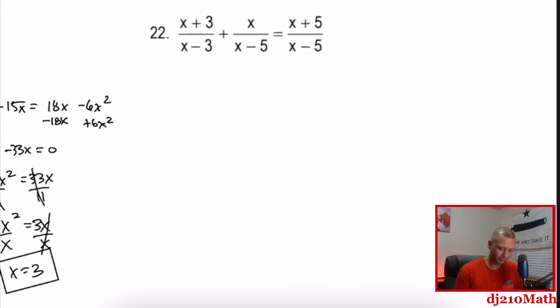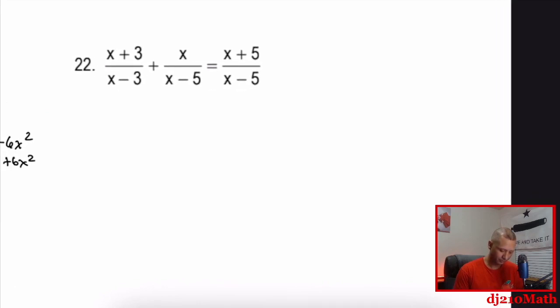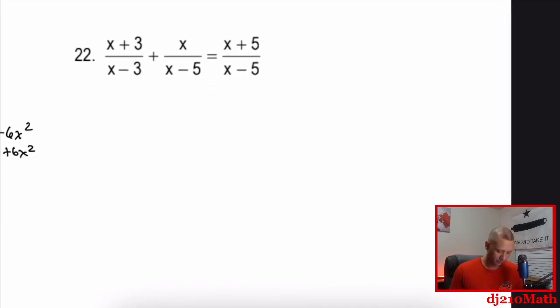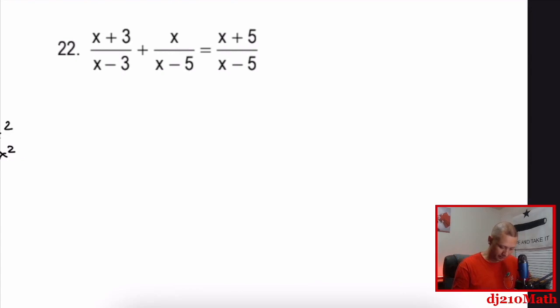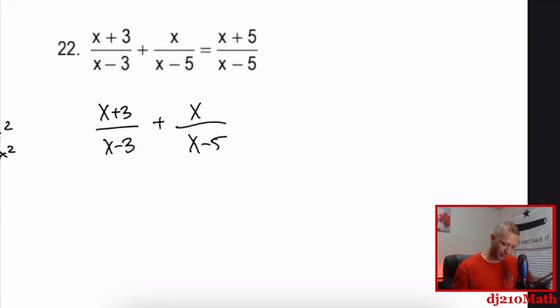All right. Okay. 22. Same thing, right? Let's go. X plus 3, x minus 3, x minus 5.